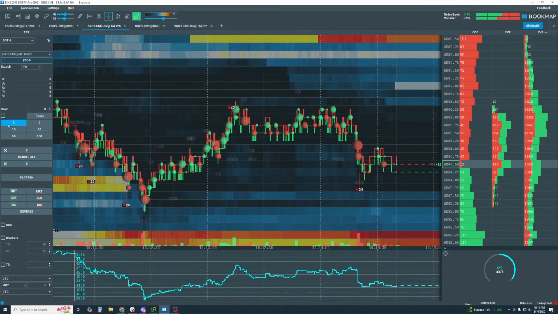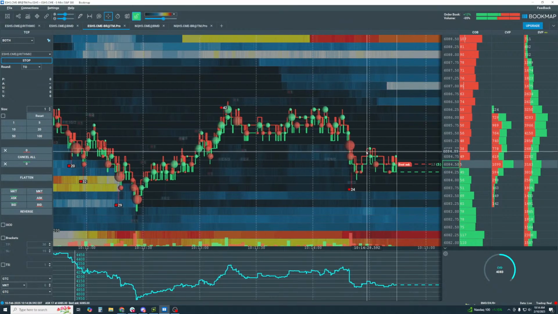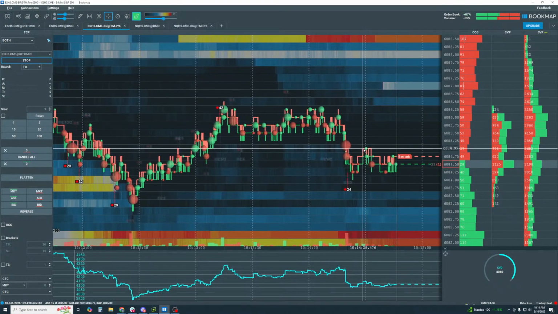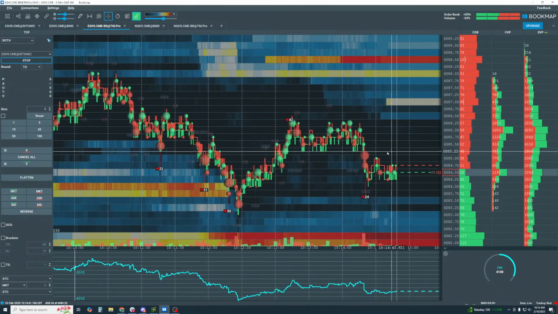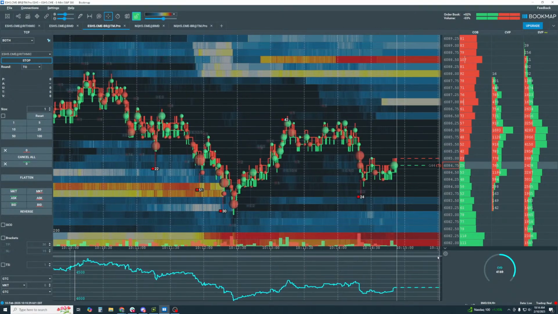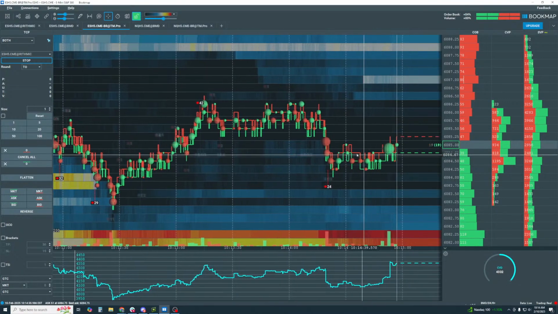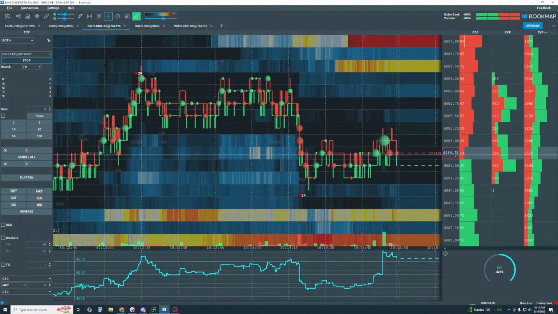So this is where we can consider, right, looking for a potential entry. Now it is kind of counter trend, but we're looking for sellers to come in and take it lower into maybe this 82 liquidity. Okay, so it's kind of back and forth right now.